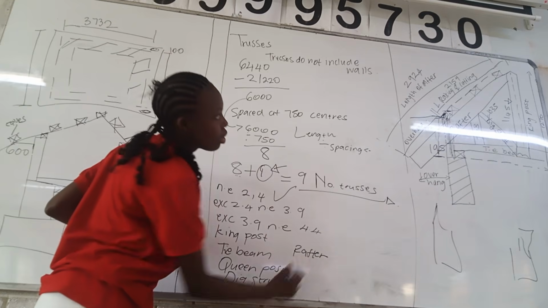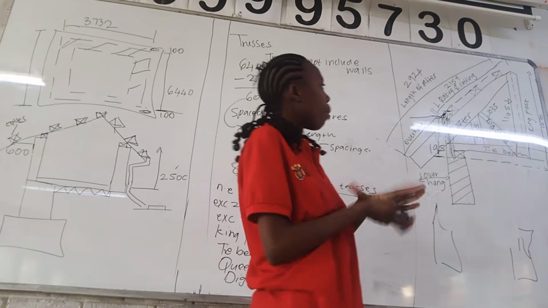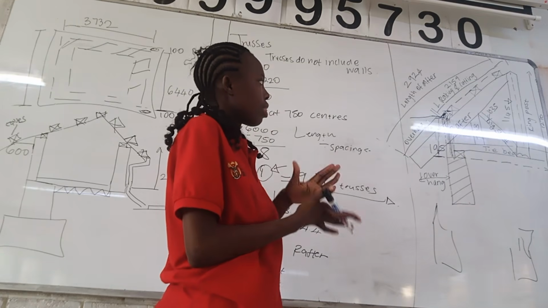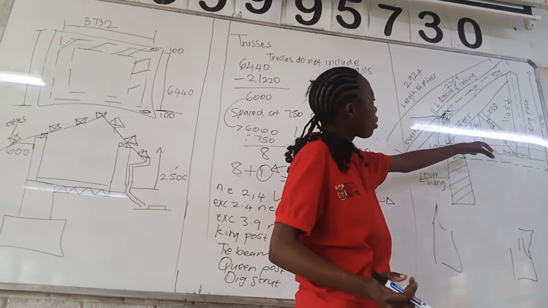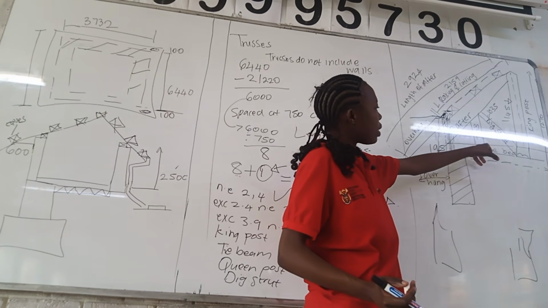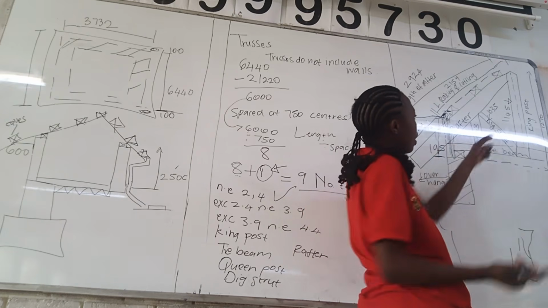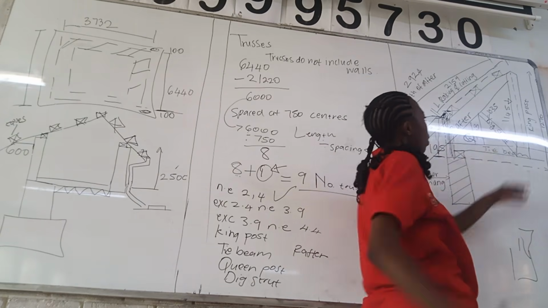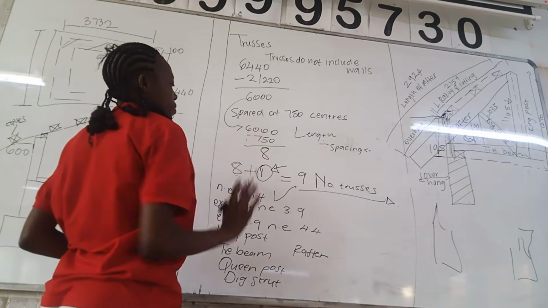What else? Everything else is on the roof. So we have the tie beam, the king post, the diagonal strut. This is the queen post again. We have the king post and then the rafter. So it's 1, 2, 3, 4, 5 things again.